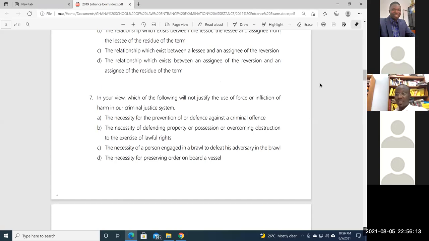Section 31. Grounds on which force or harm is justified.